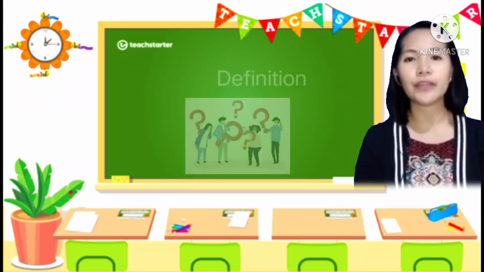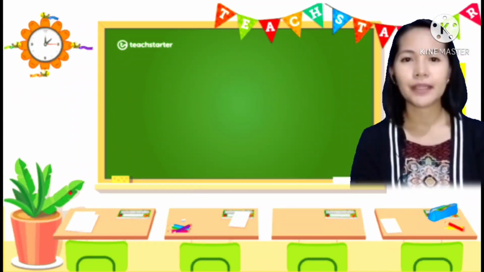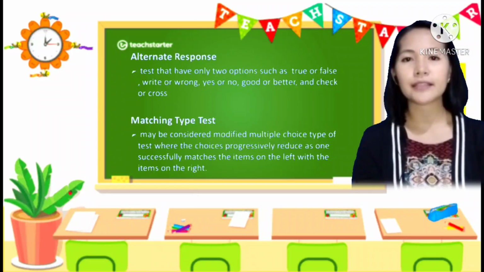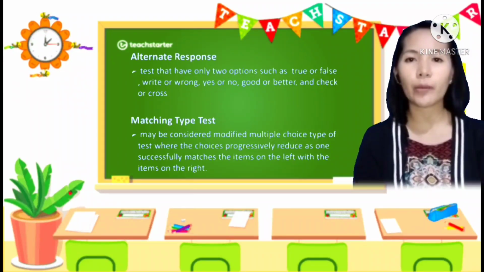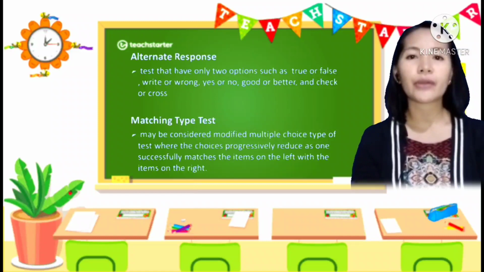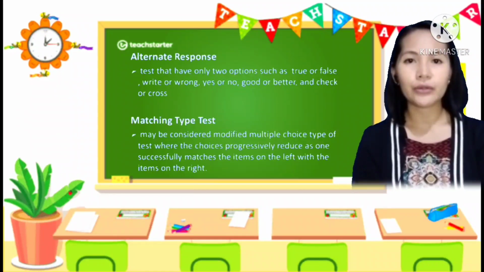What is the definition of each type of test? Alternate response tests are the tests that have only two options such as true or false, right or wrong, yes or no, good or better, and so on.